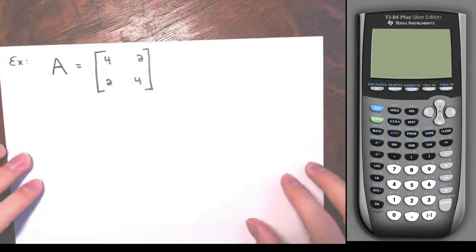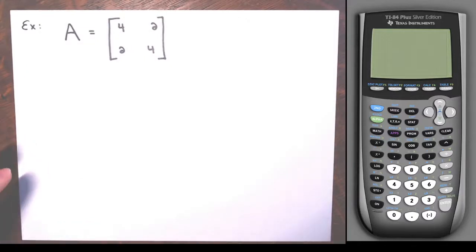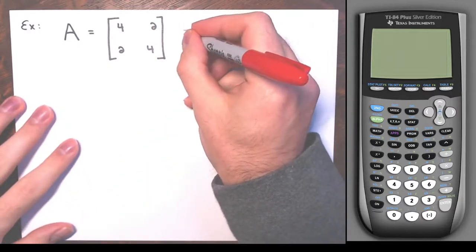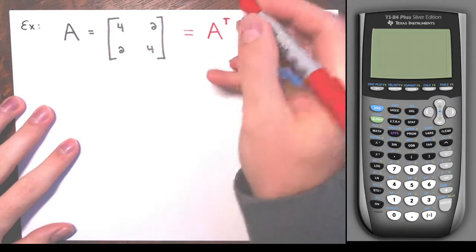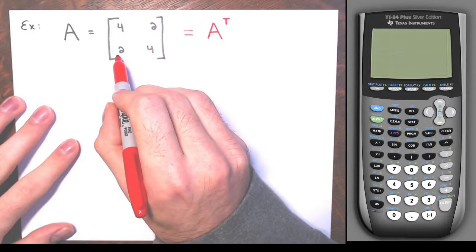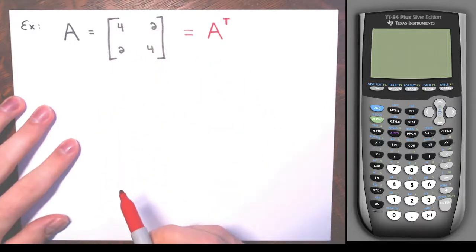My next example, another 2 by 2 matrix. Notice that this matrix is symmetric. If you were to do A transpose, the first row is 4, 2. Well, so is the first column. The second row is 2, 4. So is the second column going down, 2, 4.